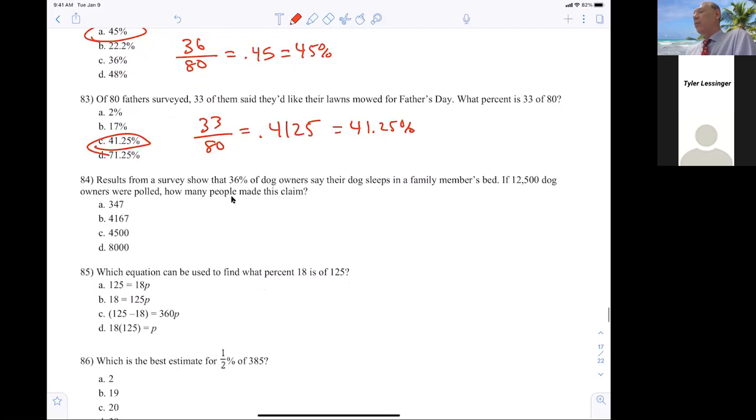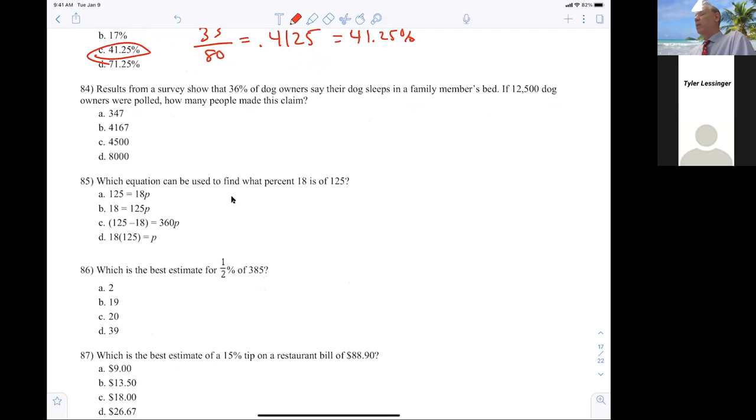Results from a survey show that 36% of dog owners say their dogs sleep in the family member's bed. If 12,500 dog owners were polled, how many of them made this claim? So 36% of the dog owners. How many dog owners were there? 12,500, right?